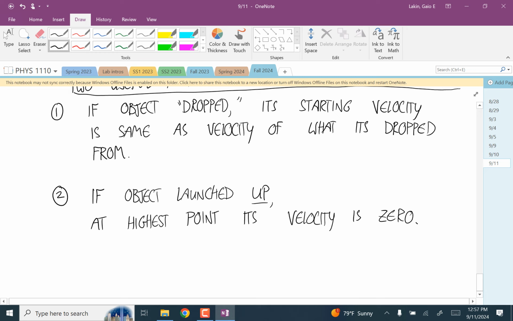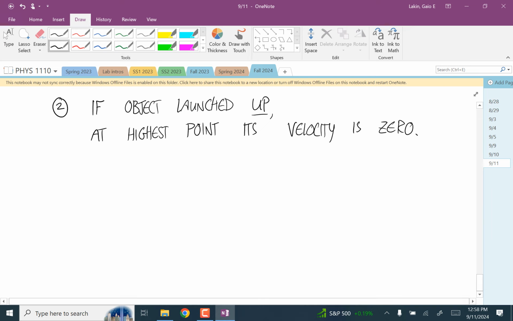So anytime you have a problem that mentions something that happens at the highest point, you're going to use the fact that at that instant the velocity is 0 every single time. Okay, so what you want to do is just store these two things in your head. Reaching the highest point in the flight means the velocity is 0 at that instant. If you throw a ball into the air, it slows down, gets to a very slow speed, then it stops for an instant, and then its speed starts to increase in the other direction on the way down.